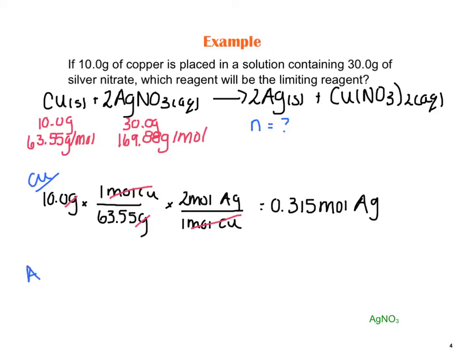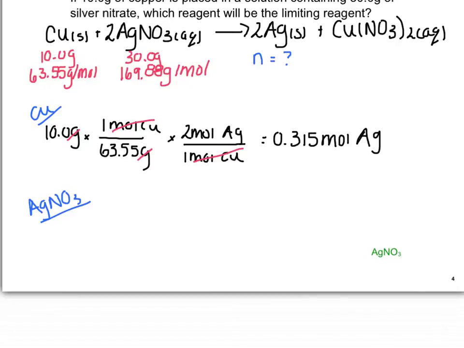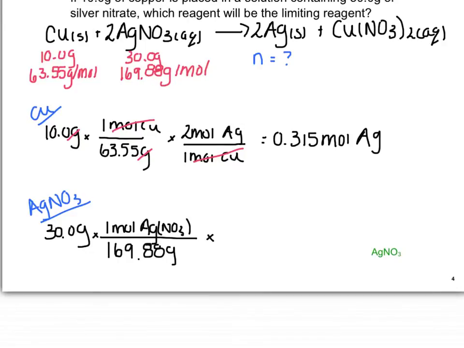Now let's try this with silver nitrate, AgNO3. And so we are going to start with 30 grams times 1 mole of silver nitrate per 169.88 grams times 2 moles of silver per 2 moles of silver nitrate.